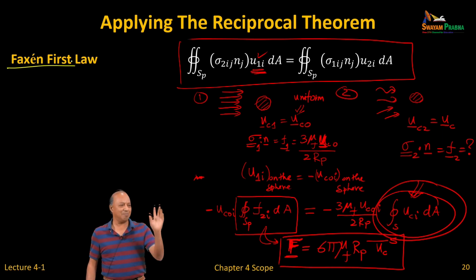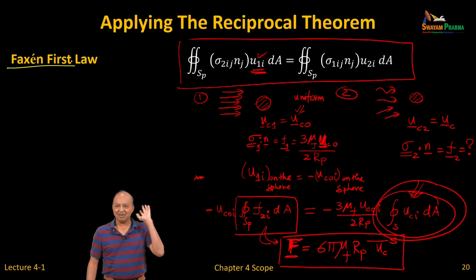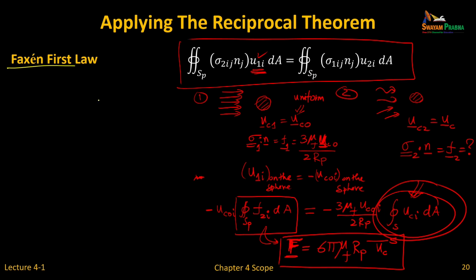Give me any complicated flow, I really don't care, as long as the Stokes number is 0 and the Reynolds number is 0, we have the solution. You could have eddies coming, very complicated flow, but usually unfortunately Stokes flows are not that complicated. Nevertheless, his theorem, the first law, is an amazing thing. He used the reciprocal theorem that I skipped, and he proved this formula.